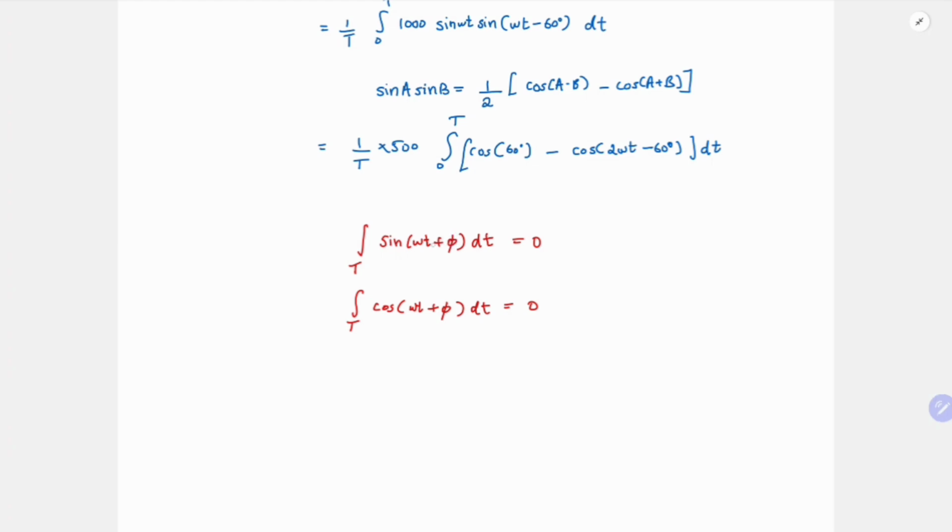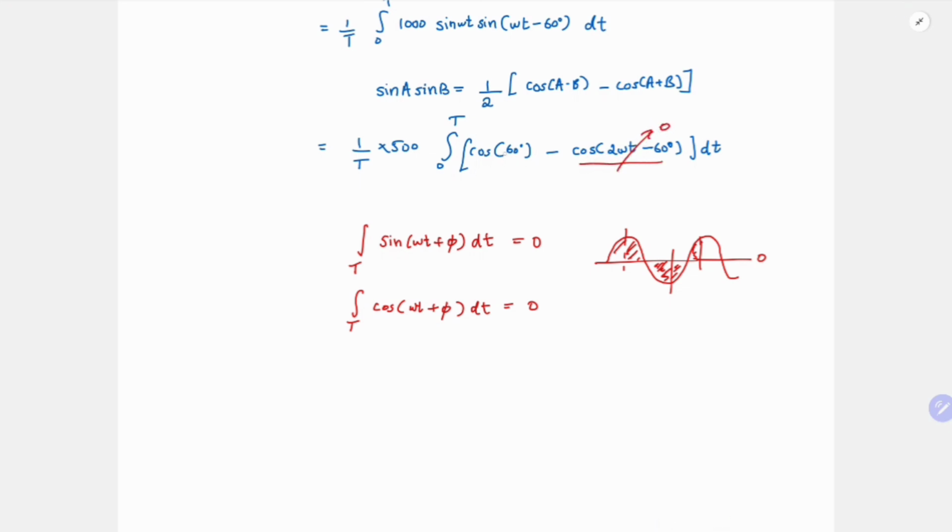Because irrespective of your phase, one time period will cover both your upper side and lower side equally. Irrespective of where you start, you will end up in the same place, right? So you will always cover equal amounts of area above the x-axis and below the x-axis. So your integral will be 0. So this term goes to 0 anyways.